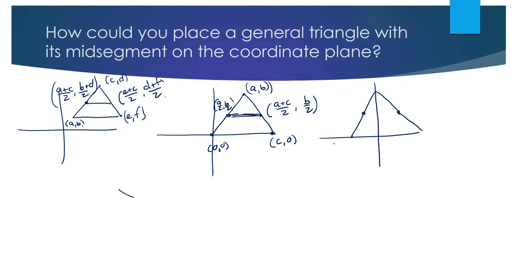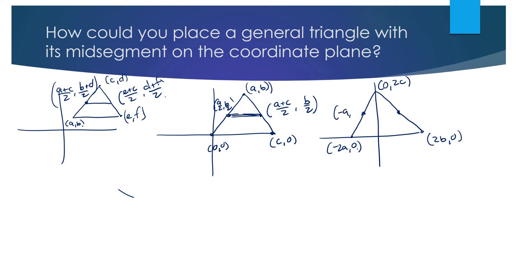What if I made this point negative 2A, comma 0, and if I made this point 2B, comma 0, and then I could make this point 0, comma 2C. Now when I go to find the midpoint, x plus x divided by 2, I just get negative a.